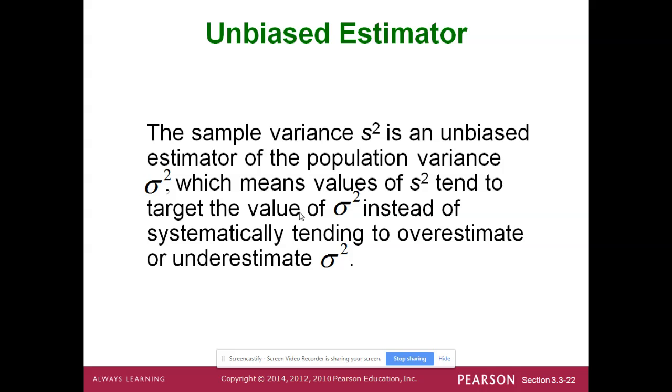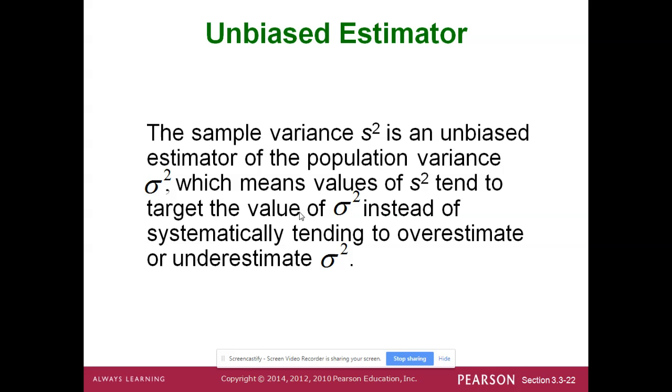Part of the reason that it gets closer is because of the n-1 on the bottom of the formula. If we used n for the sample size and not n-1, it would actually underestimate it.